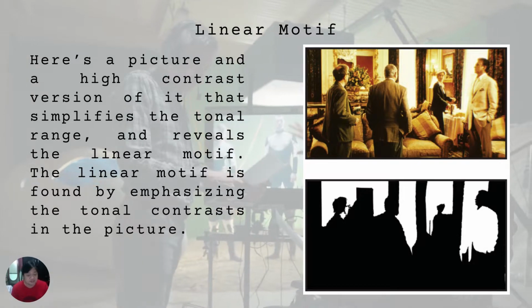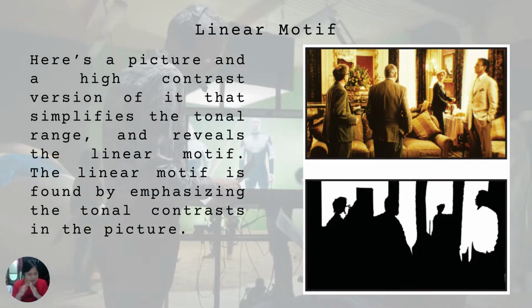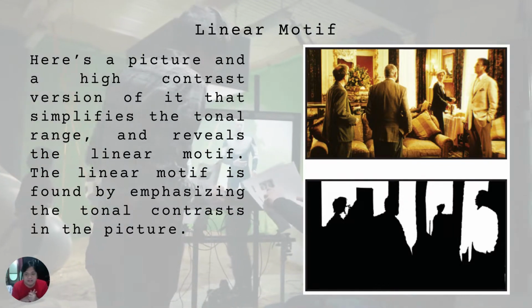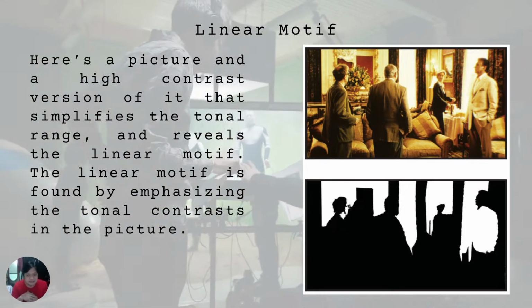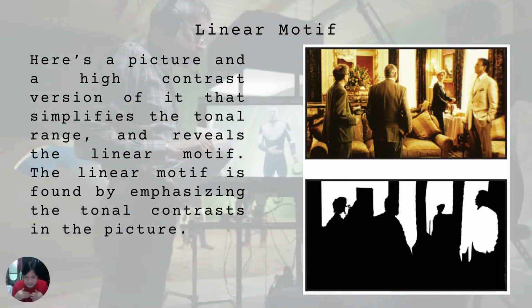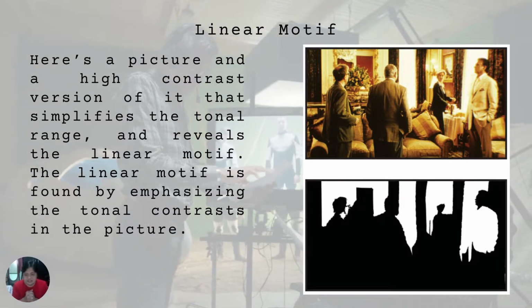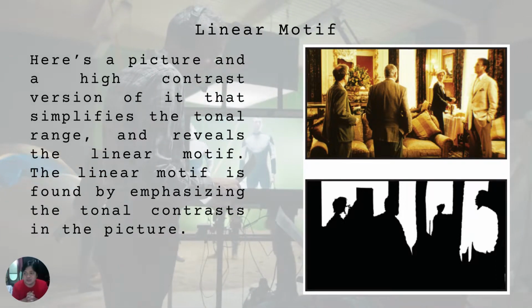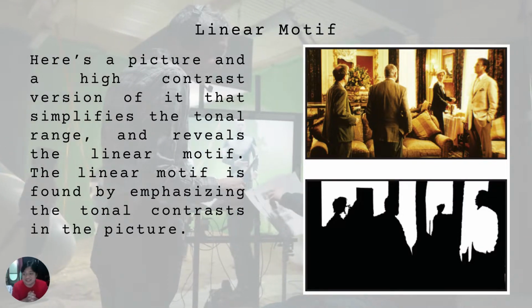If you put the contrast in extreme, the image above can be seen as the images below. So what do you see with these contrasts? There are two ways to reduce a picture to simple tonal contrasts and reveal the linear motif.